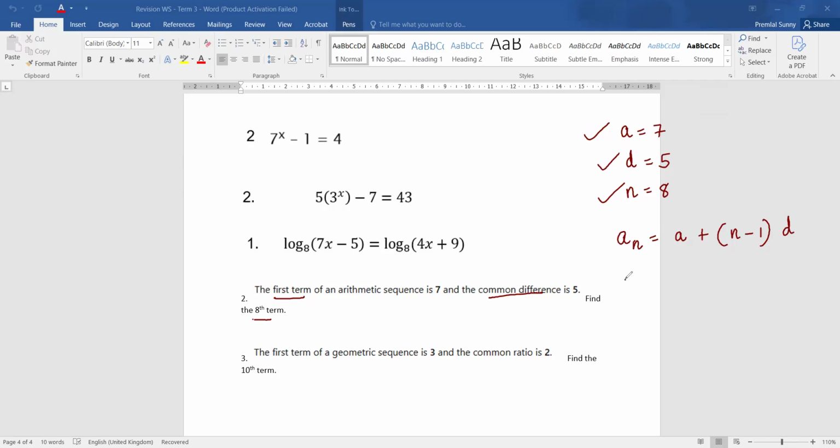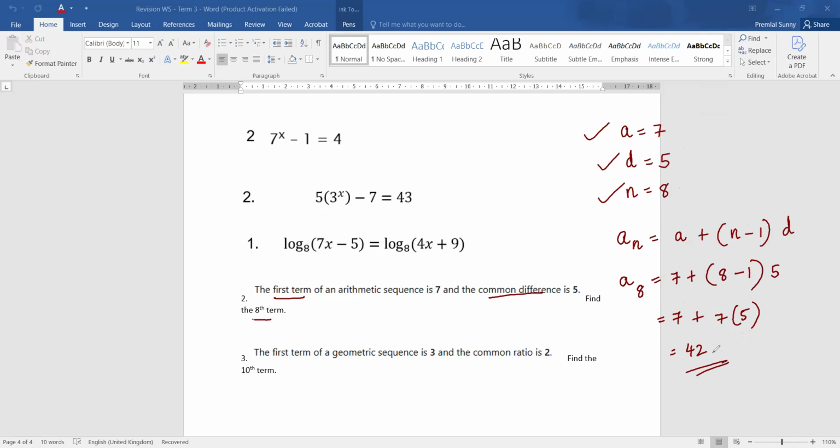Simple. Substitute here. The first term is 7 plus n is 8 minus 1 times d is 5. So 7 plus 8 minus 1 is 7, times 5. 7 times 5 is 35. 35 plus 7 is 42.